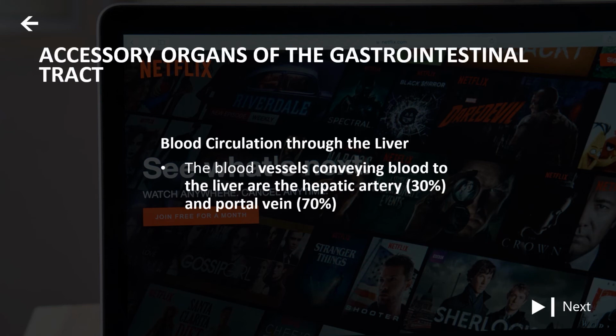The blood vessels conveying blood to the liver are the hepatic artery, which is 30%, and the portal vein, which is 70%. The hepatic artery brings oxygenated blood to the liver, and the portal vein brings venous blood rich in the products of digestion, which have been absorbed from the gastrointestinal tract.